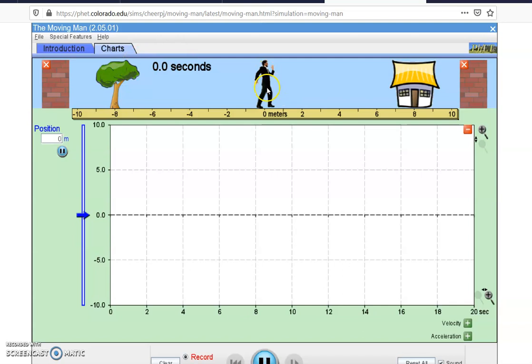So you're going to start out very slow. See the line going down. Now we're going to speed up.